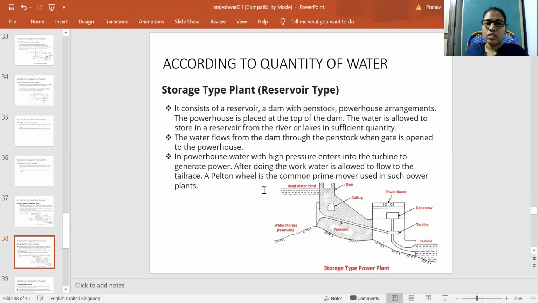In this powerhouse, water with high pressure enters the turbine to generate power. After doing the work, water is allowed to flow to the tailrace. And Pelton wheel turbine is the common prime mover used in such power plants.